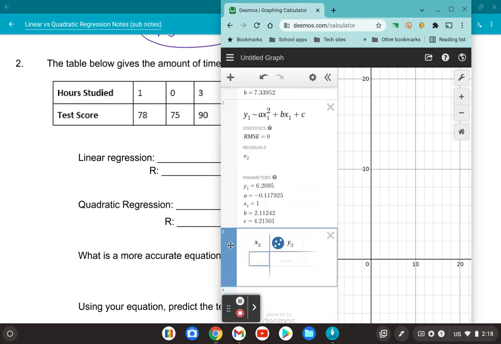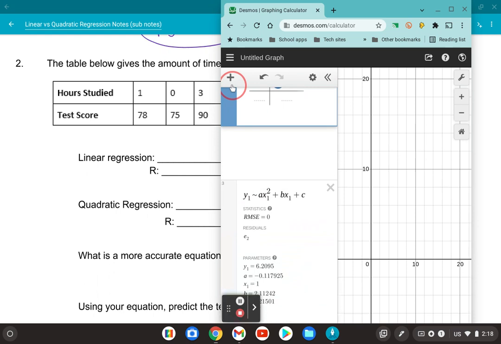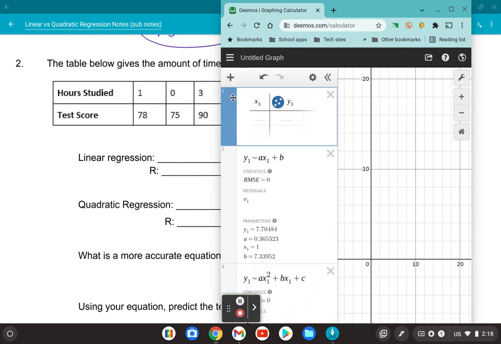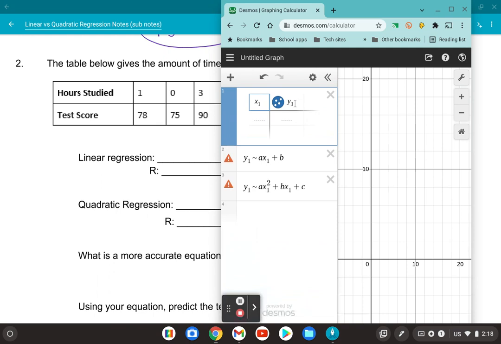Now, I'm going to leave my formulas there, so it just makes it a little bit easier. You can always move the tables around, but this one, I do want it to be x1 and y1.